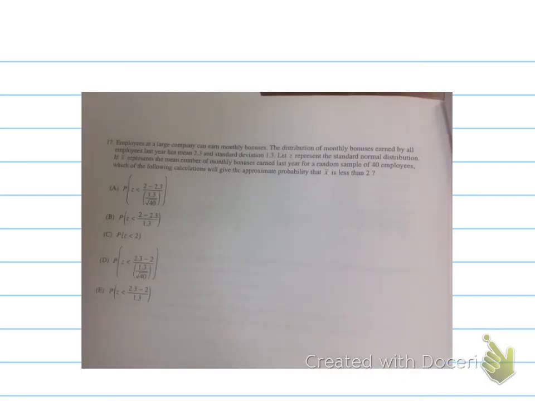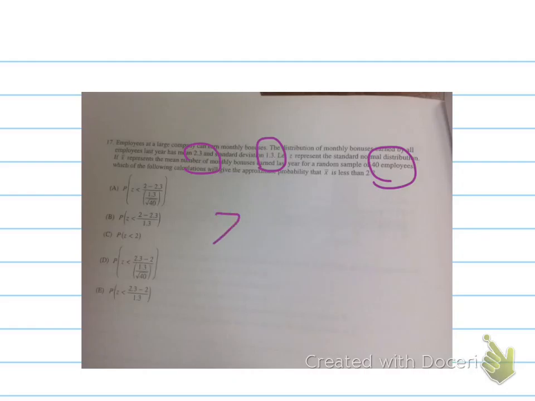And two more. Employees at a large company can earn monthly bonuses. The distribution of a monthly bonus earned by all employees has a mean of 2.3 and a standard deviation of 1.3. Let Z represent the standard normal distribution. If x bar represents the mean number of bonuses last year for a random sample of 40 employees, which of the following calculations will give the approximate probability that x bar is less than 2?